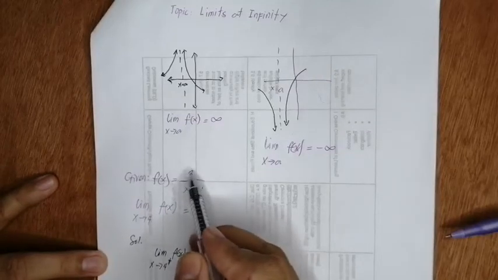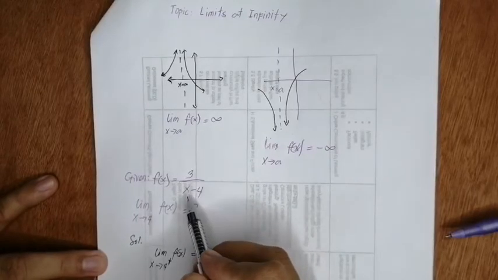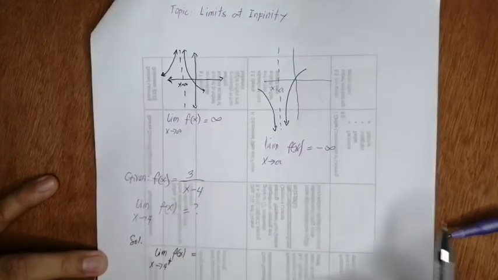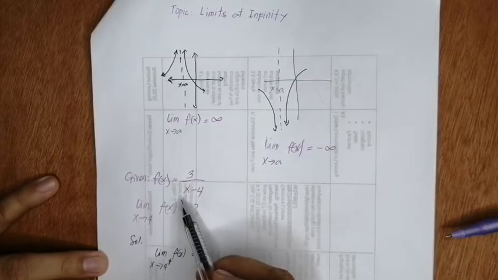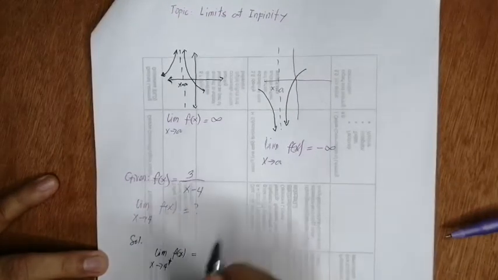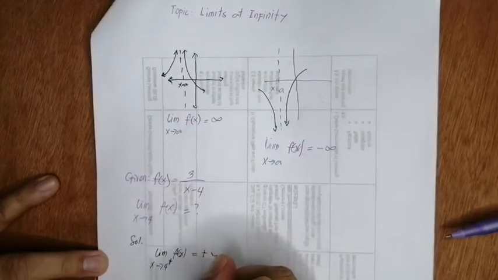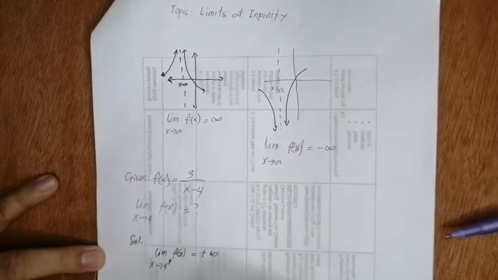When we divide a whole number by a decimal, 3 divided by 0.01, napakalaking number yon. Okay, so paano kung mas gagawin ko pa yung mas very close pa sa 4 from right? Let's say 4.001. So ang mangyayari, mas lalong lumalaki yung f of x. So therefore, in this case, we can say that the limit of f of x as x approaches 4 from right is positive infinity.